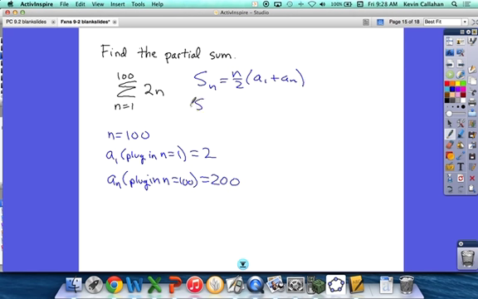S100 equals 100 over 2 times 2 plus 200, which is 50 times 202, which is 10,100.